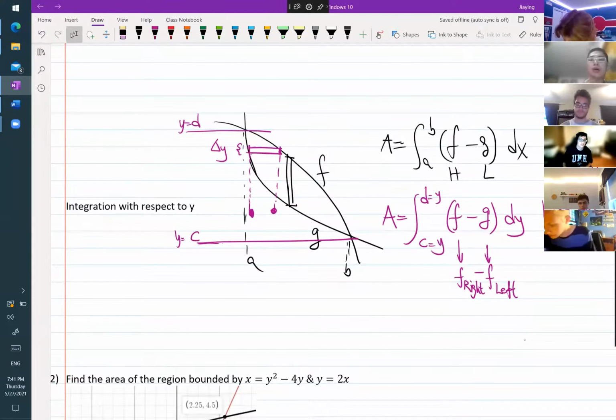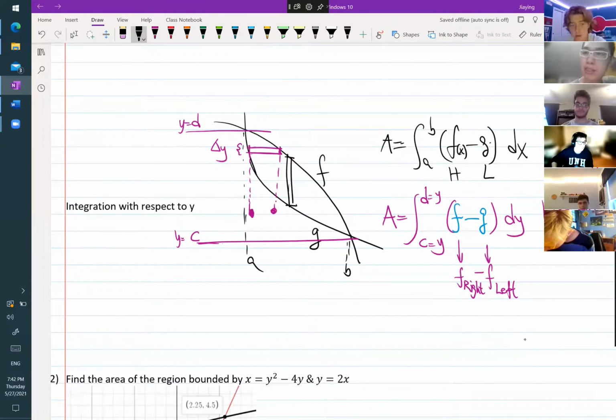But I want to point out a couple more things here. You have to be very careful. So the F here, let me use a different color. This F that we used, it's the same function, but when we put it into the formula, it's not going to be the same expression. Because the function we had was f of x minus g of x that we put into the formula.